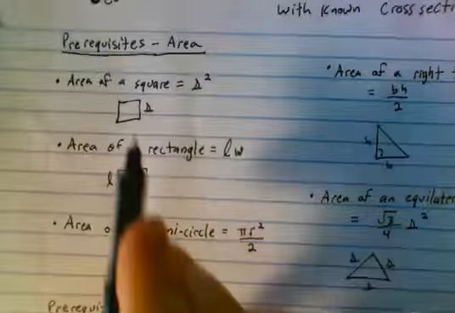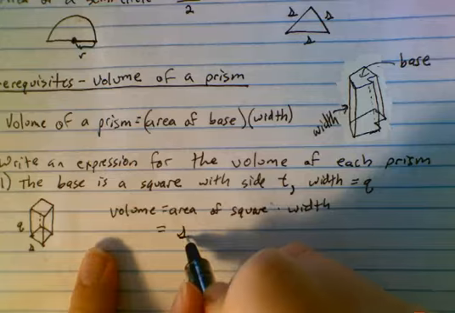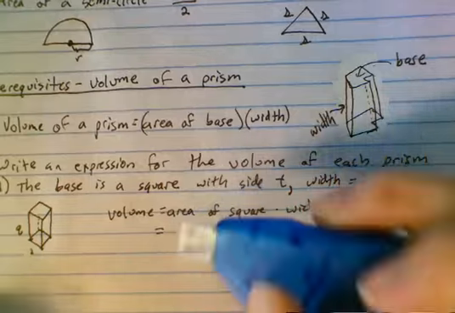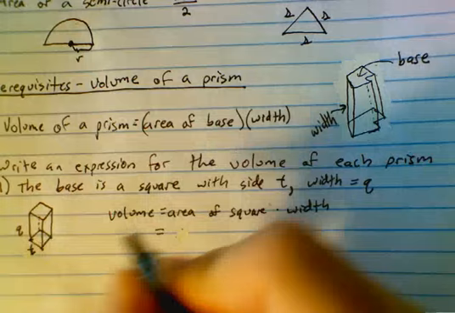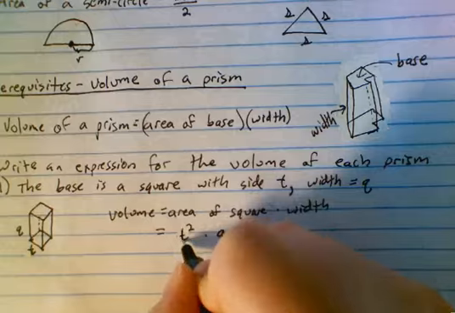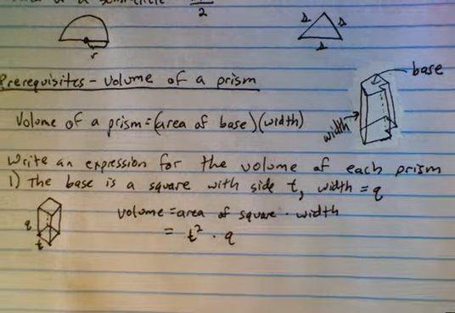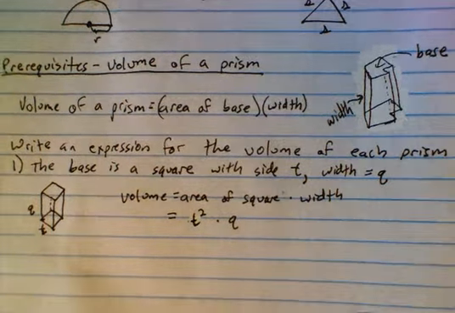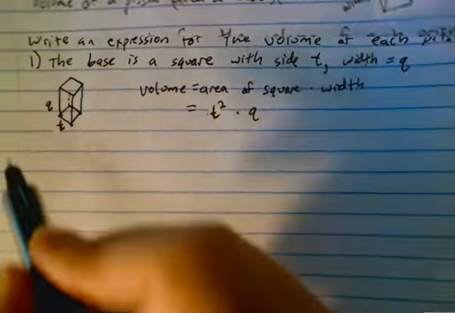Or, since we know the area of a square, oops, I said this side was T, not S. T squared times Q. Pretty straightforward, also really, really critical. So let's do a few more of those. I just want to make sure you're good to go with all of them.